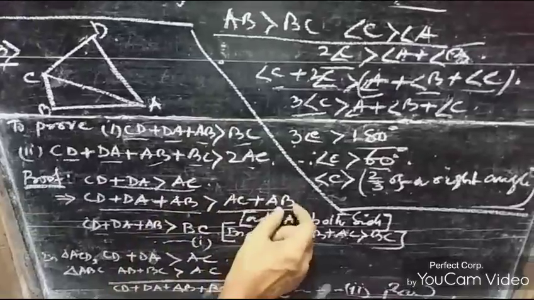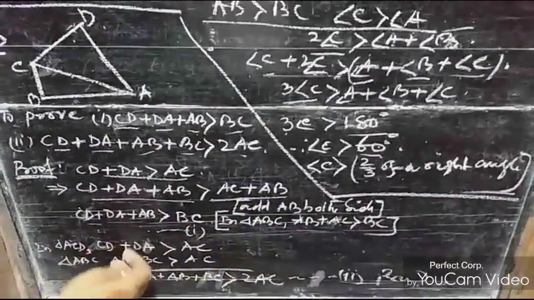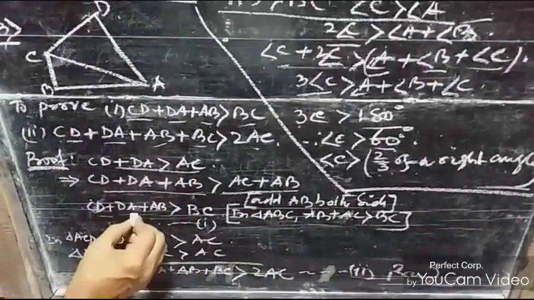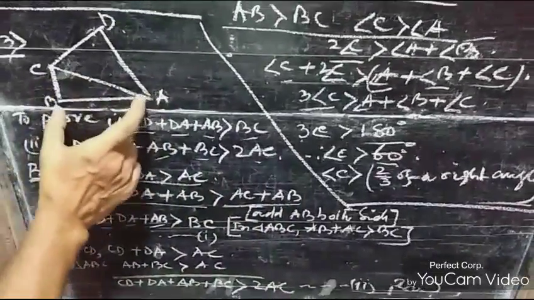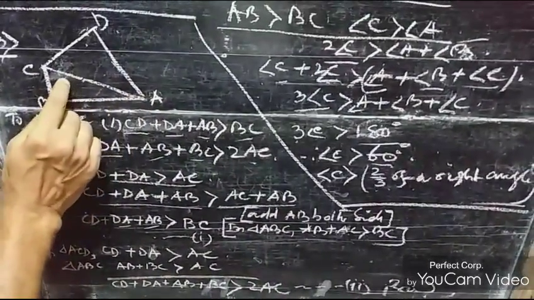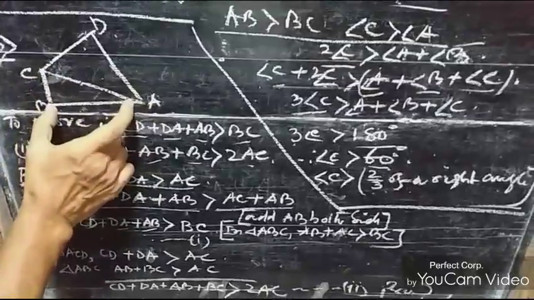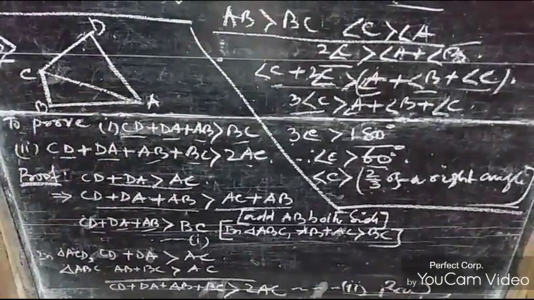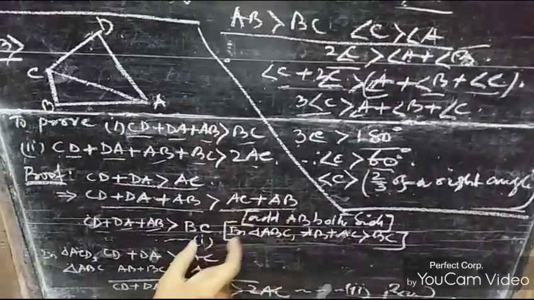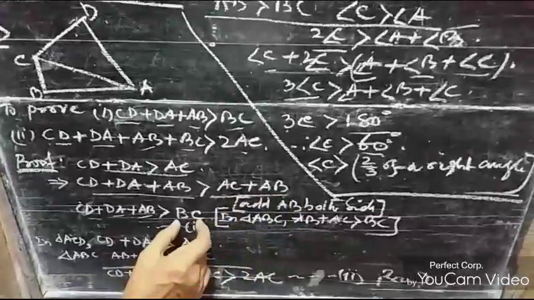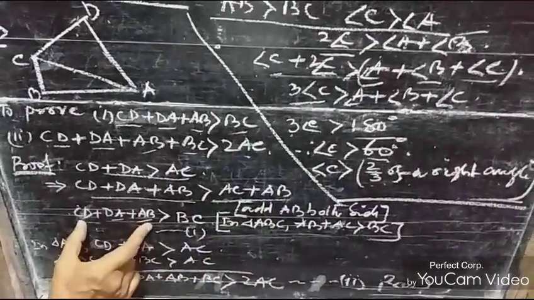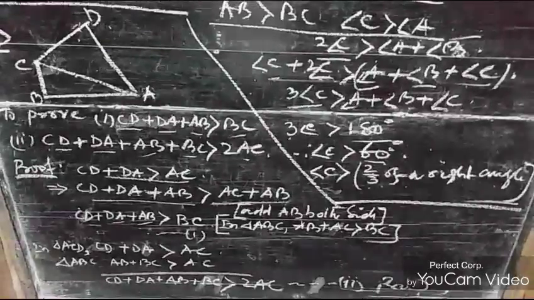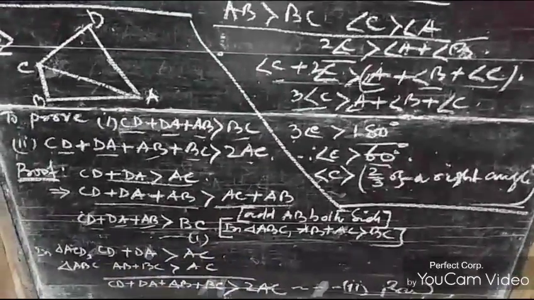Within this triangle, AC plus AB is greater than BC. So CD plus DA plus AB is much greater than BC. This is number 1 proof.